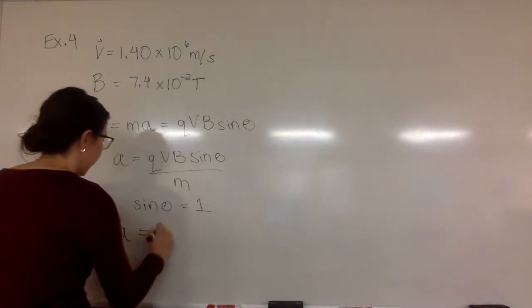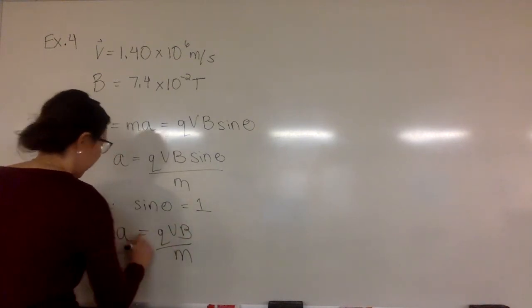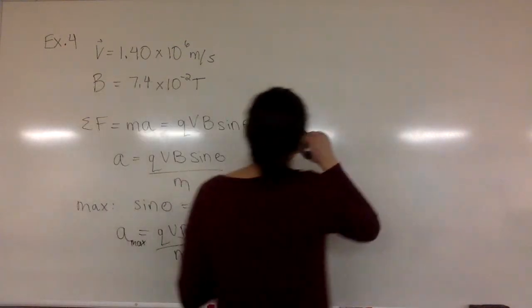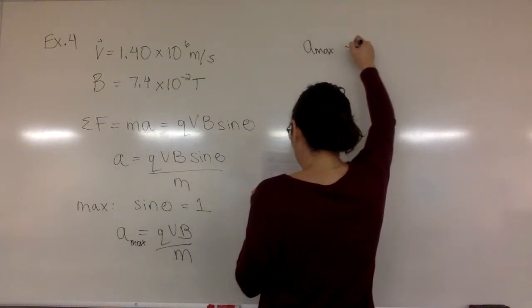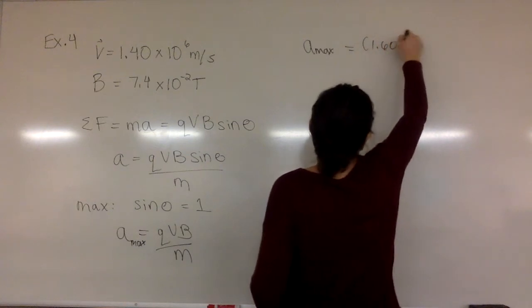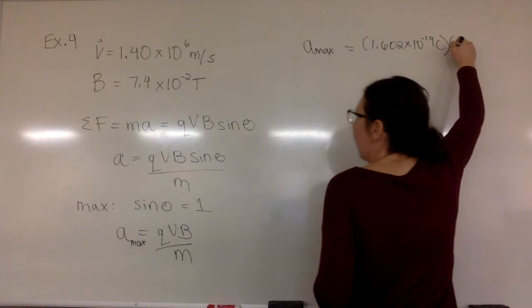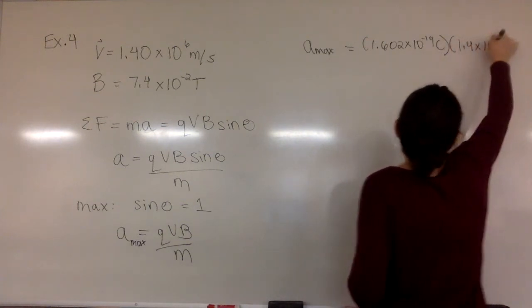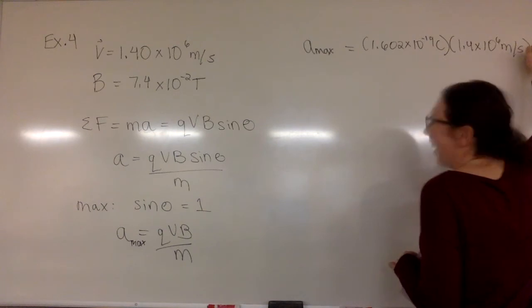So the maximum, sine theta equals 1, so a is qvB over m to get the maximum. And I'll just plug in those numbers. So we have a max equals q, 1.602 times 10 to the negative 19 coulombs, times 1.4 times 10 to the 6 meters per second, and then what's B?